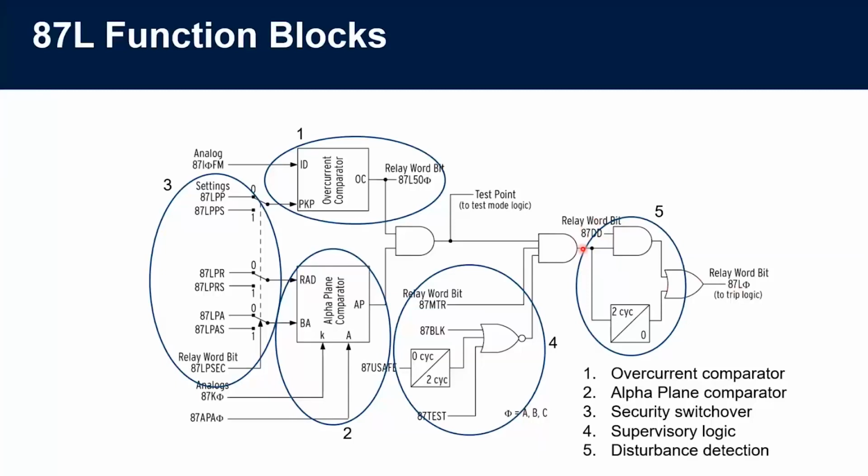So if it sees a differential operating point in the alpha plane, but it really didn't see any disturbance in the waveforms of voltage and current, local and remotely, it will go through this timer here to make sure that it was a fault. Because normally a problem in communication is a problem of 1 or 2 packets, so it will not get to 2 complete cycles in this case.